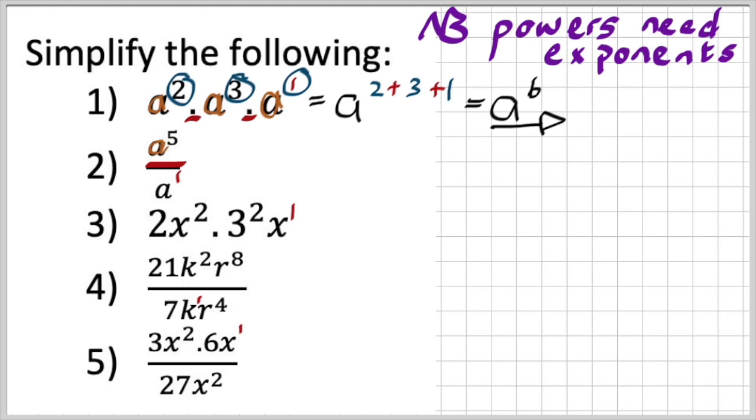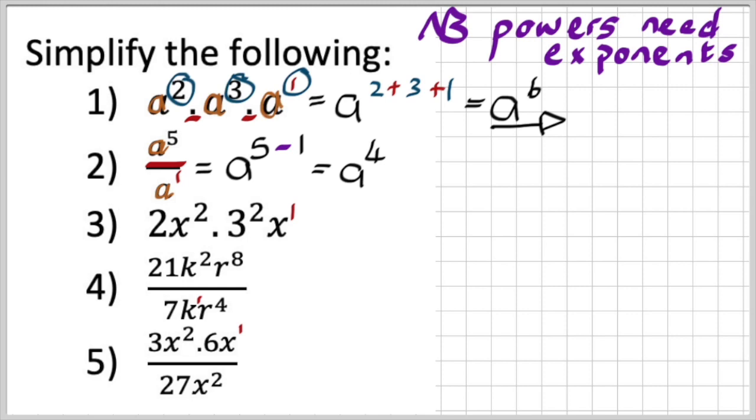I'm dividing bases with the same a. So can I apply law 2? Yes. Law 2 says I now subtract the exponent. Top exponent minus bottom exponent, which leaves me with a to the power of 4.